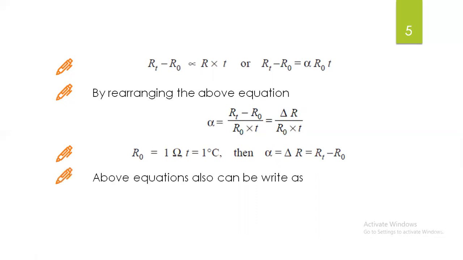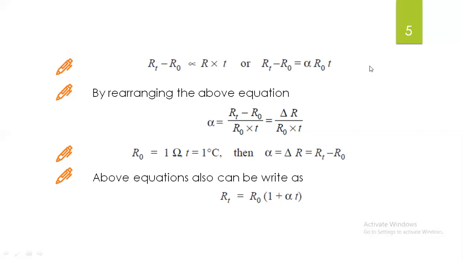The above equation can also be read in another form. If you adjust this equation for RT, you can write RT equals R0 into 1 plus alpha T. The minus R0 transferred to the right side becomes plus R0.